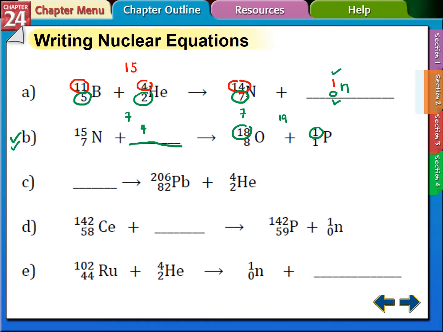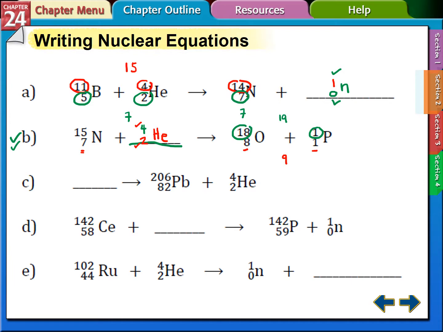Now, moving on to the product side, the atomic numbers are 8 and 1, and that gives us 9. But on the reactant side, we only have a 7, so this particle should have an atomic number of 2. And a particle that has a mass number of 4 and an atomic number of 2 is an alpha particle, which is just a helium nucleus.